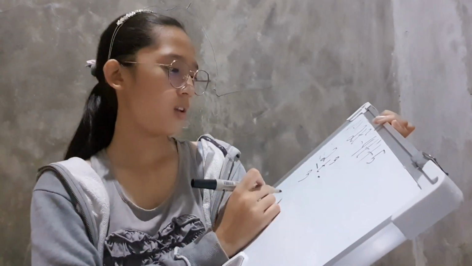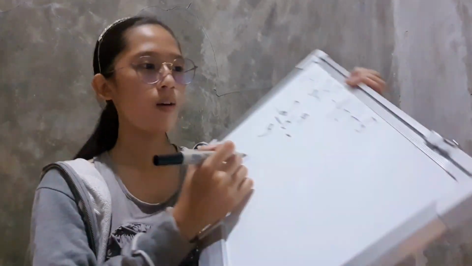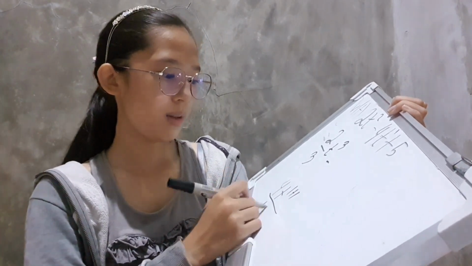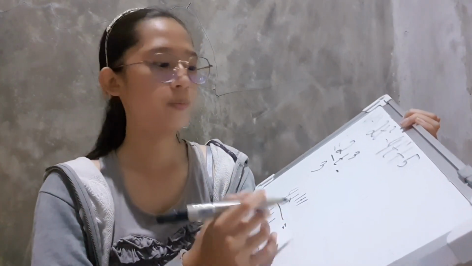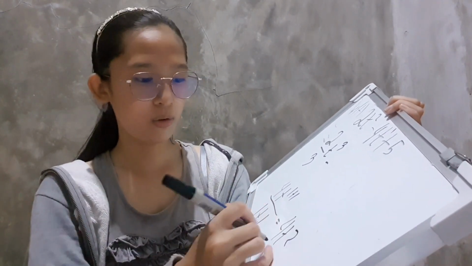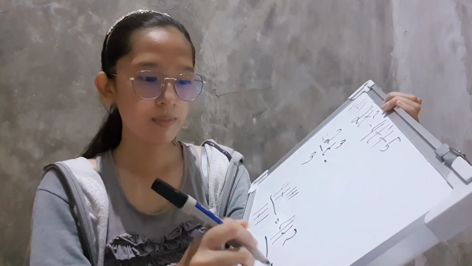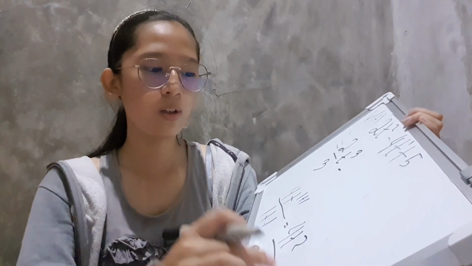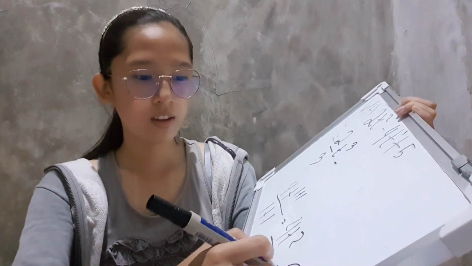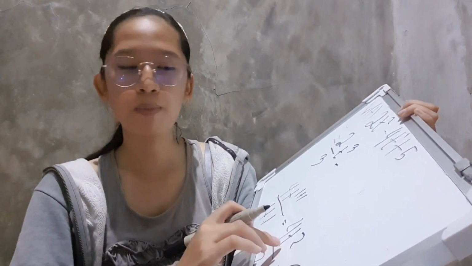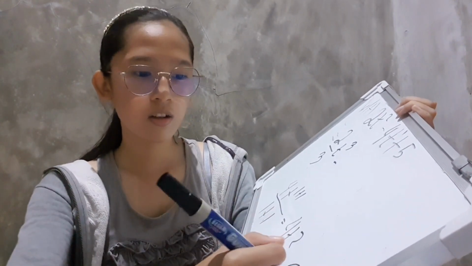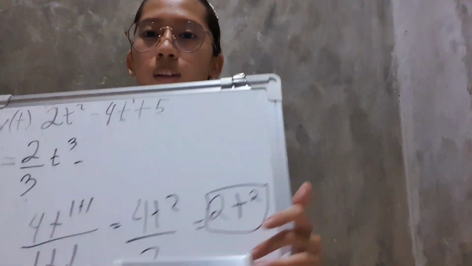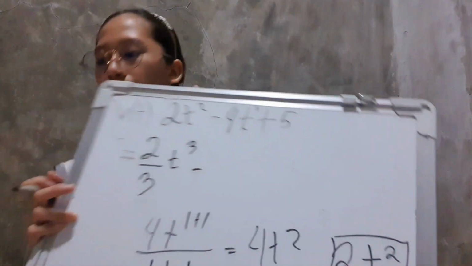So 4t to the power of 1 plus 1 over 1 plus 1 is just going to be equal to 4t squared over 2. Simplifying this, 4 divided by 2 is equal to 2. Then copy the variable and the exponent, t squared. So now we have found our second antiderivative, which is 2t squared.